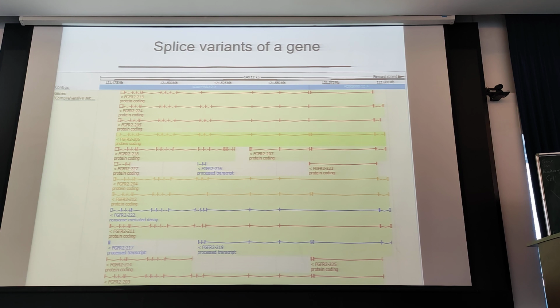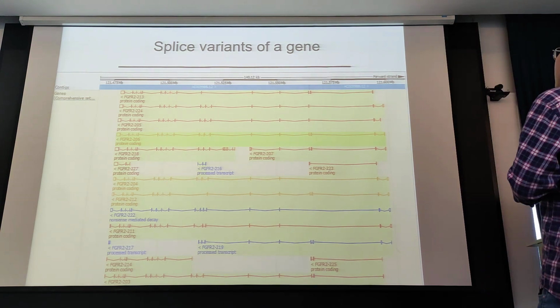So this is an example of transcription variants of a gene. Here we have a coding gene, FGFR2. This gene corresponds to a syndrome where a child with a mutation in this gene can have intellectual disability, of course, abnormal skull development, and abnormal development of limbs, hands, toes, and feet.